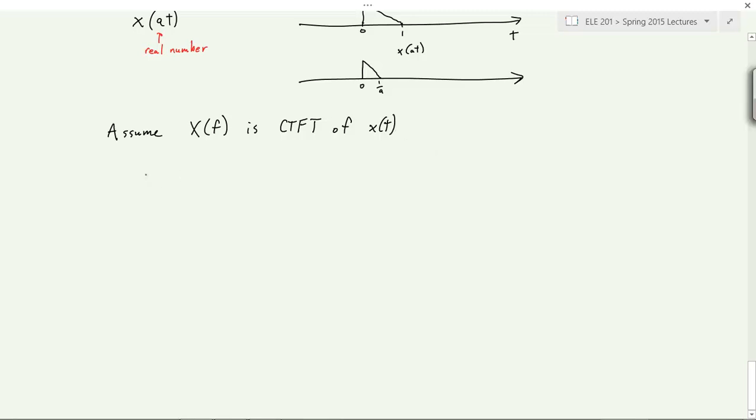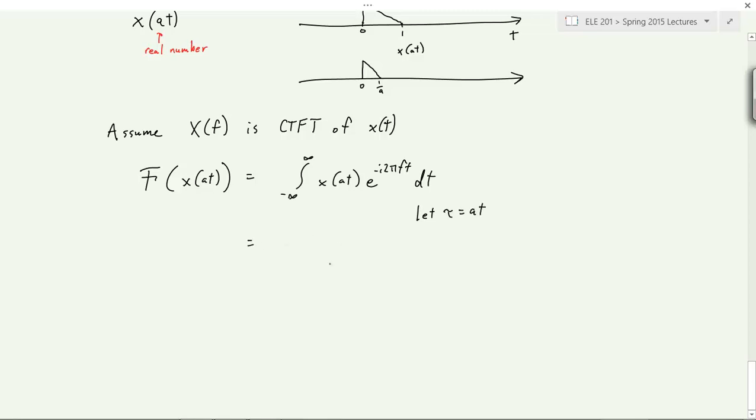So we'll take the Fourier transform of x of at. And now let's change variables. Let tau equal at.